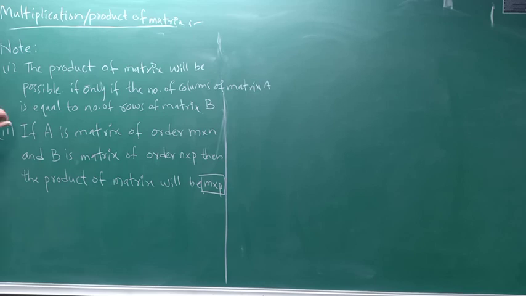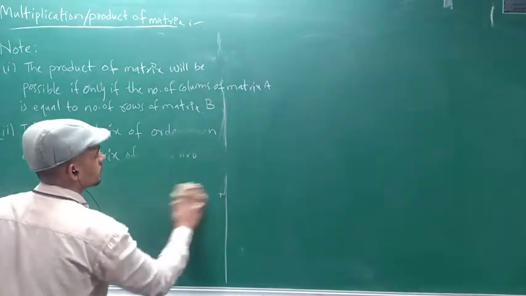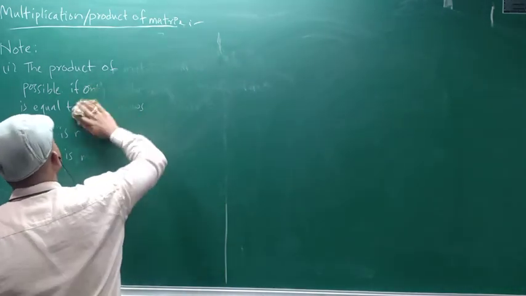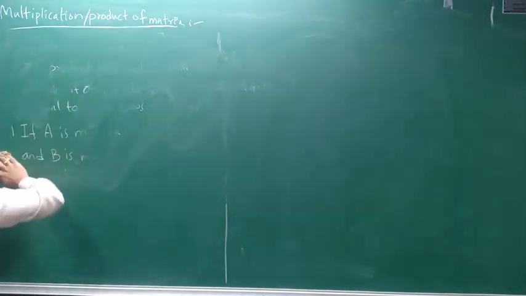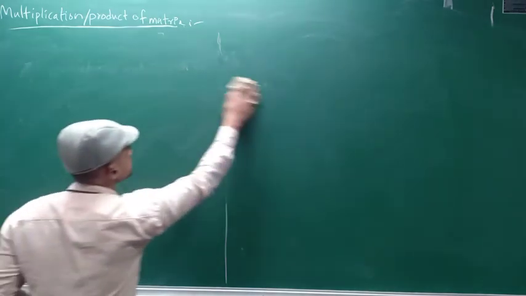Okay, now if A is a matrix of order m n and B is a matrix of order n p, then the product of matrix will be m into p. Okay, now we are going to solve exercise 3b.